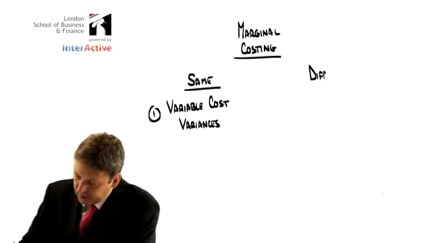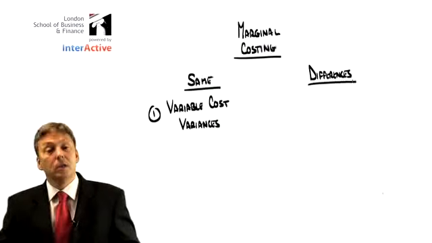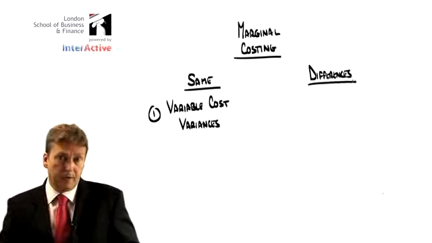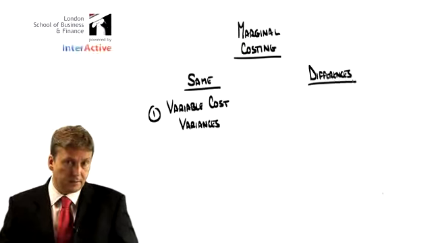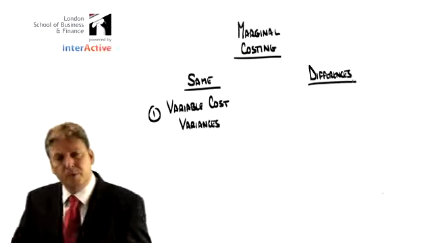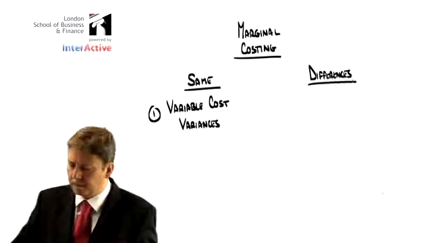What about things that differ? Well, the difference is obviously going to be related in some way to our fixed overhead variances. Let's just go back to the previous example and see how things may differ.